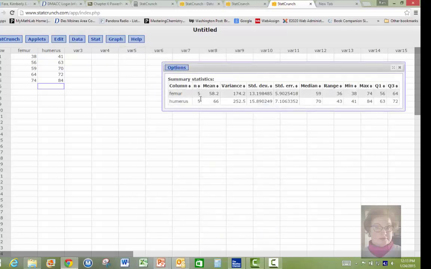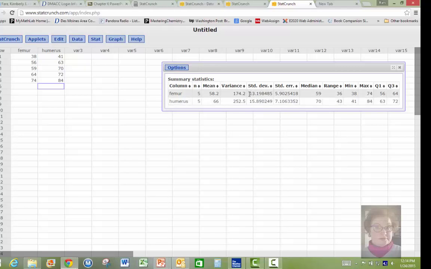Femur, I have 5 and 5, it tells me the mean, the variance. Remember, the standard deviation is the square root of the variance. What does the standard deviation tell me about this data? It says on average the femurs were closer to the mean than the humerus bones. On average that's going to be 15.9 for the humerus.